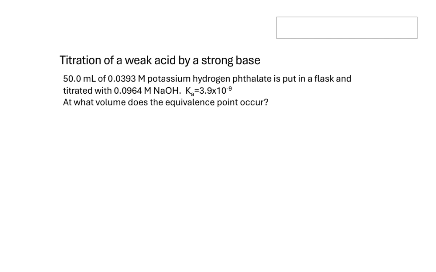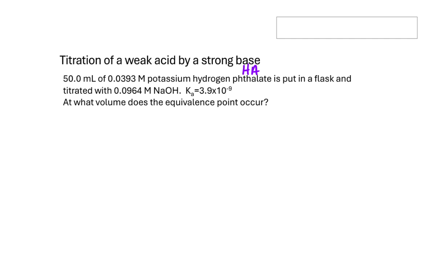So again, we are concerned about the initial concentration of weak acid. We're going to call our potassium hydrogen phthalate HA. We need to know its initial concentration.